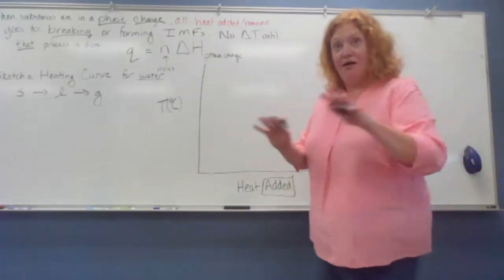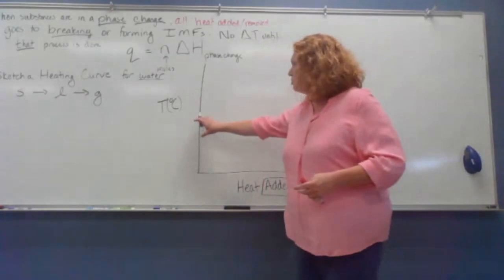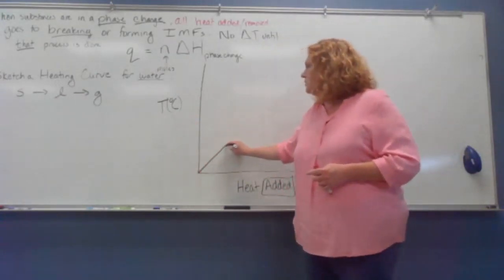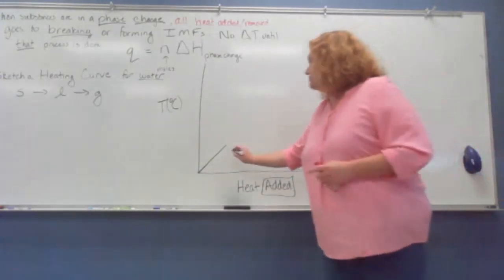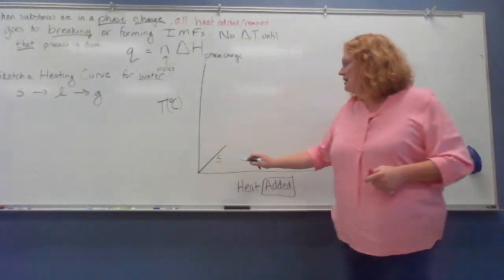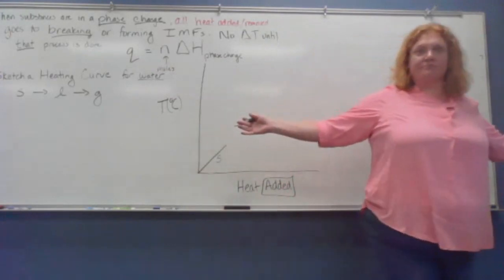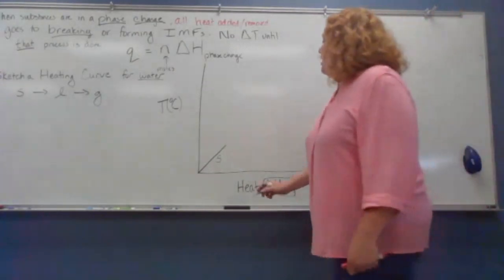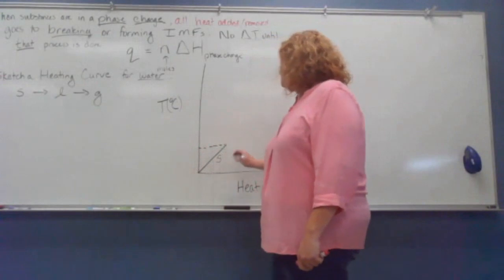Okay, when it's solid, it's increasing. What does that look like on a graph that plots temperature versus heat added? It looks like an increase. My solid, as I add more heat, the temperature of it increases. Everybody good with that? Until it hits a certain point.